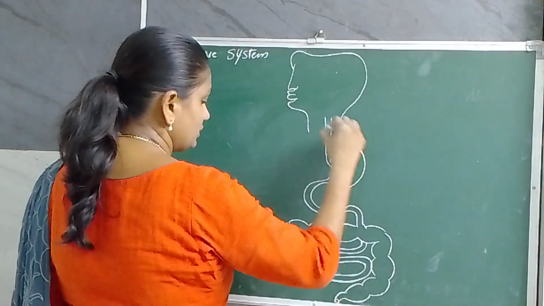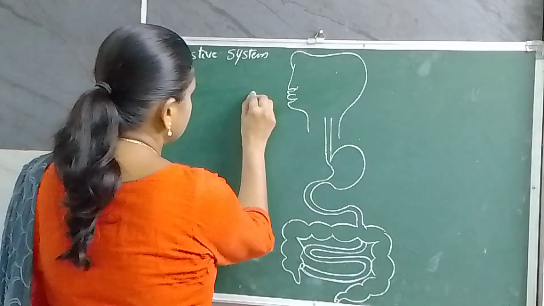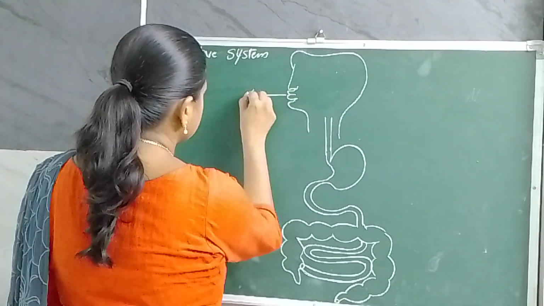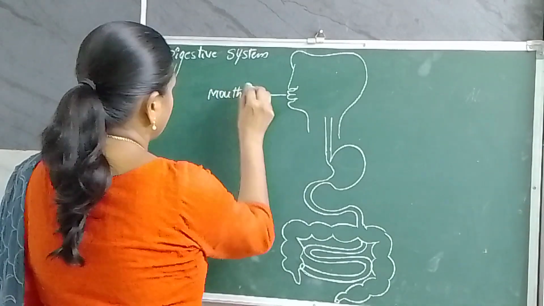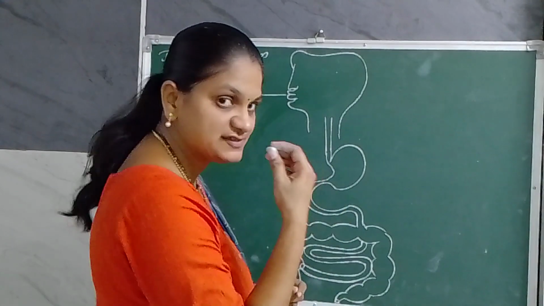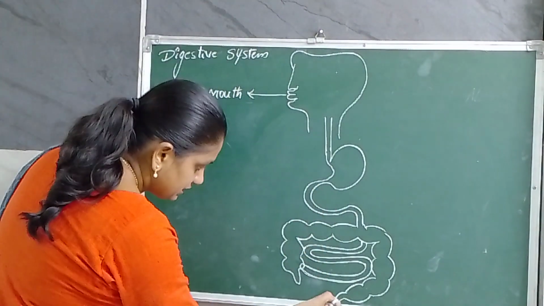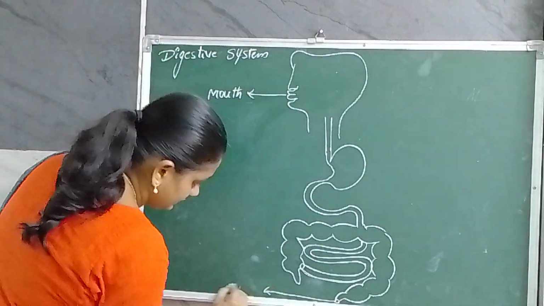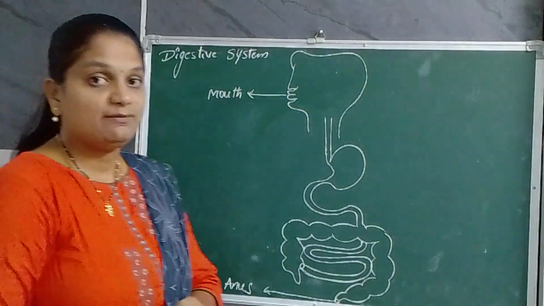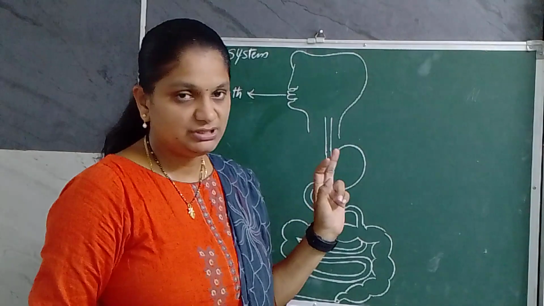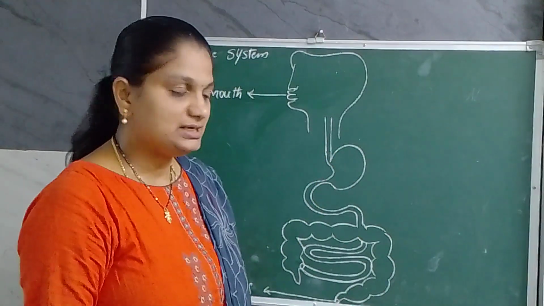What is this anterior opening? This anterior opening is nothing but the mouth. Through the mouth we ingest the food, and the posterior opening is nothing but the anus. We said the anterior opening is the mouth and the posterior opening is the anus.